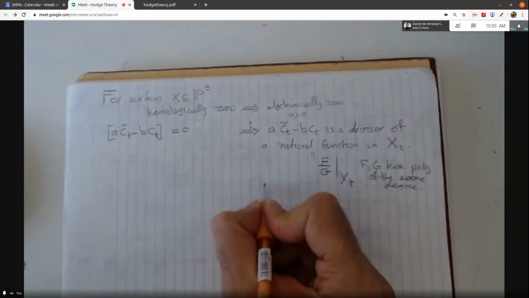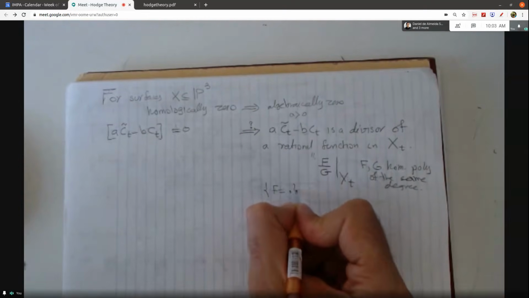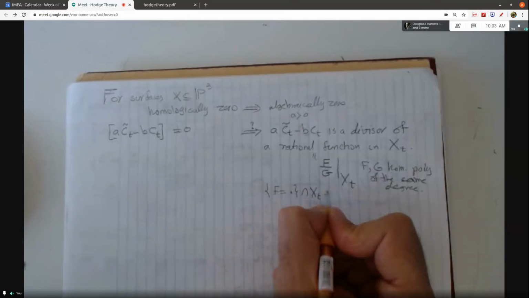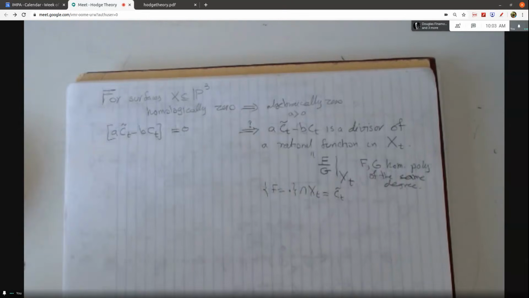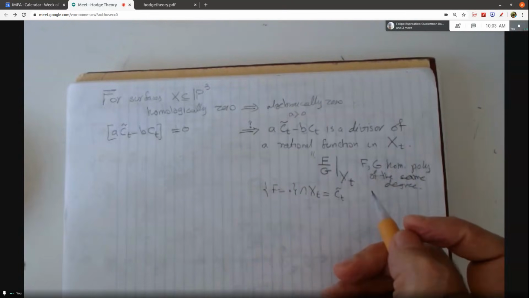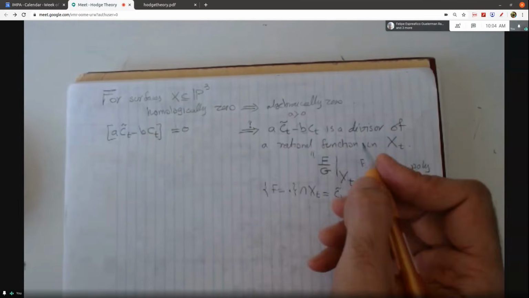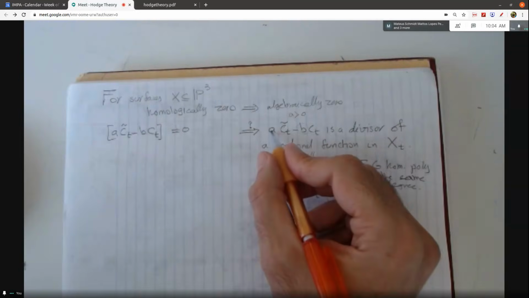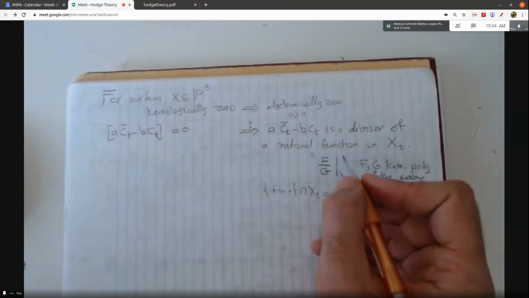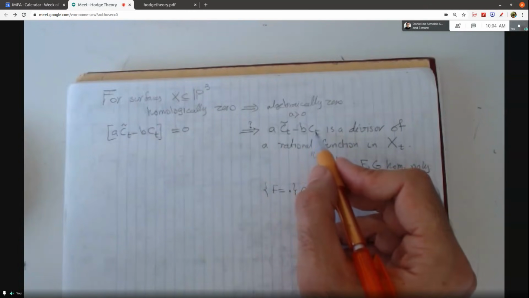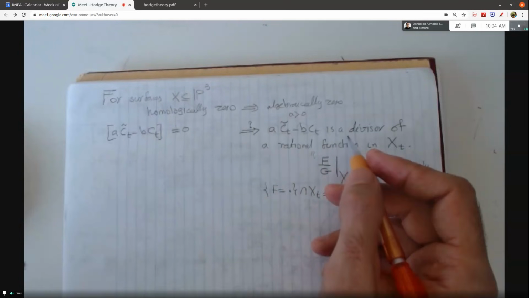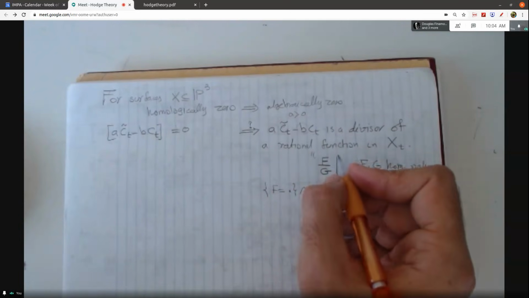And then this means that f equal to 0 intersected with xt will be the C tilde T. I have to write in this way, and be a little bit careful whether things are irreducible or not, but let's skip these details.